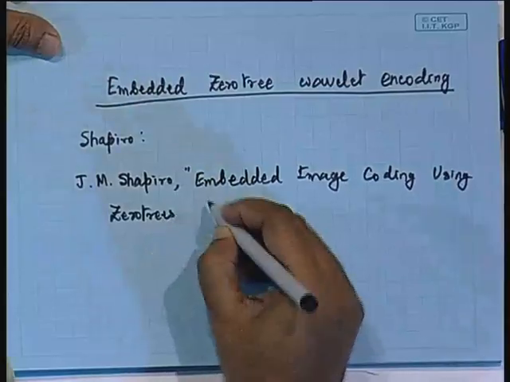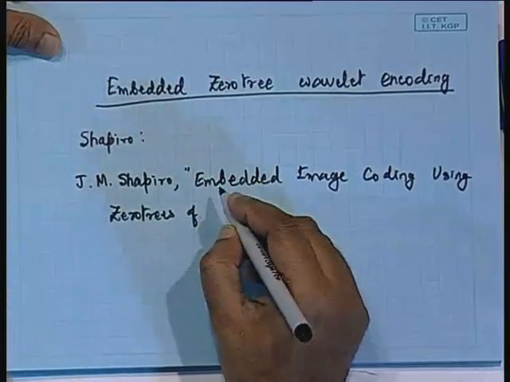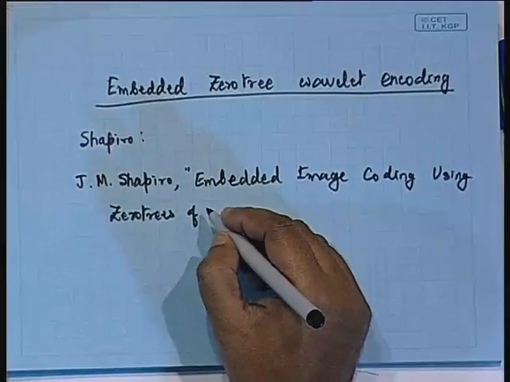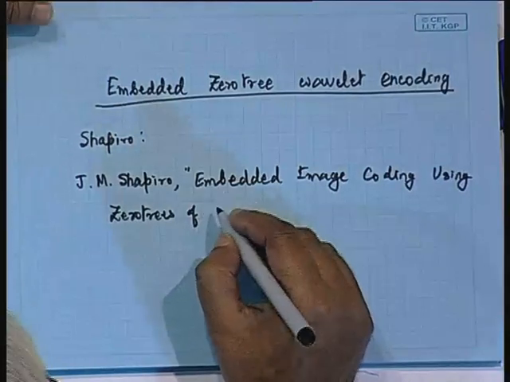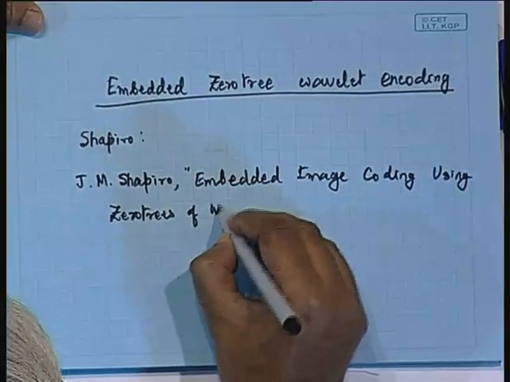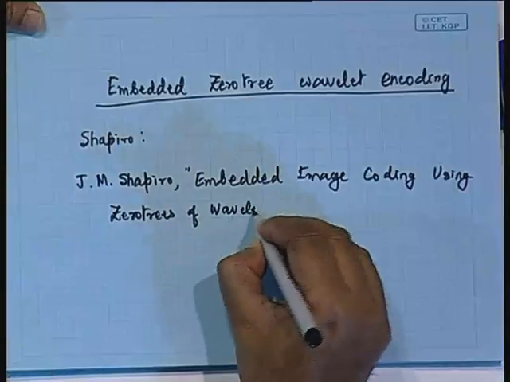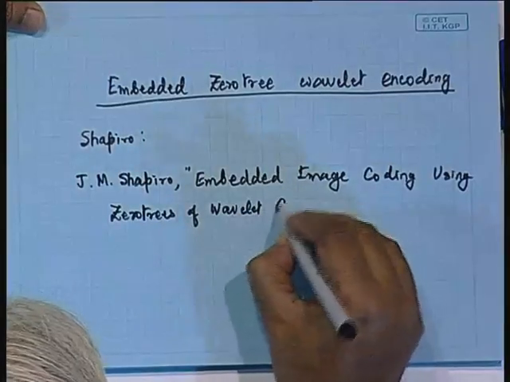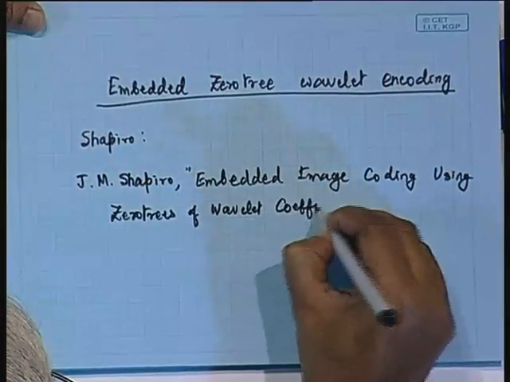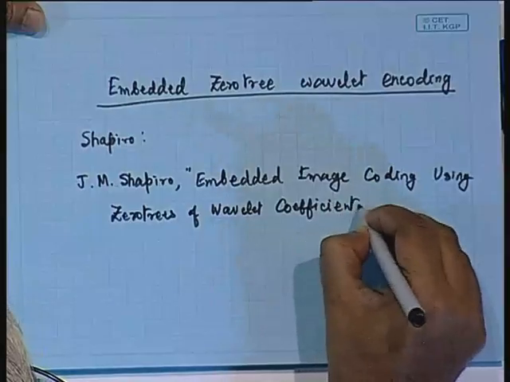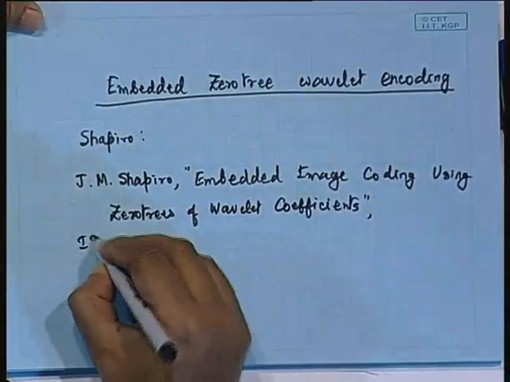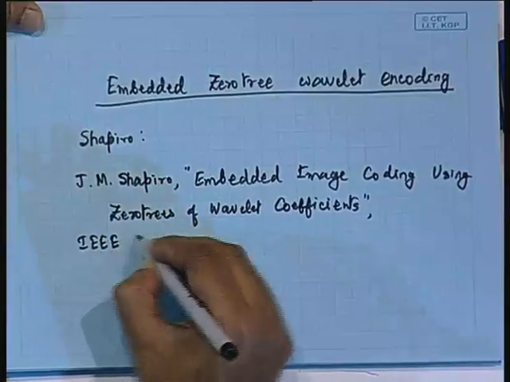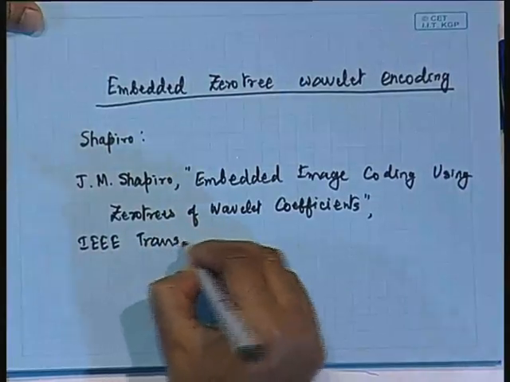Now, the term zero tree is not yet known to us. Tree is known because we have just described what a tree structure is going to be in terms of the wavelet coefficients. And as I was telling you, this is a classical paper and it appeared in IEEE Transactions on Signal Processing.